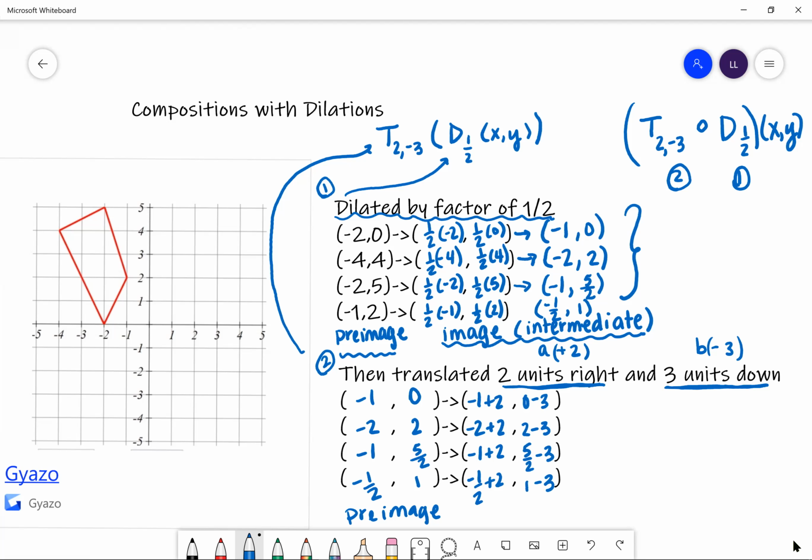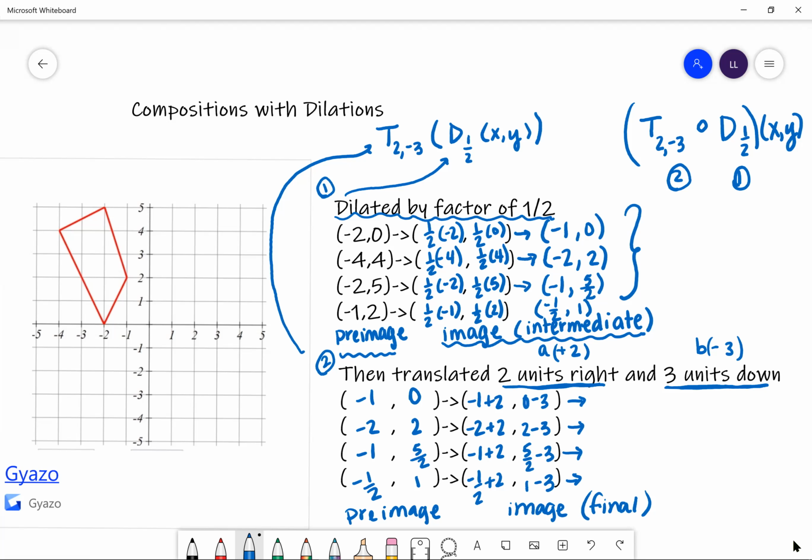And so that gives us a new set of points. And this is going to be my final image. This is after we do all the transformations that the rule told us to do.